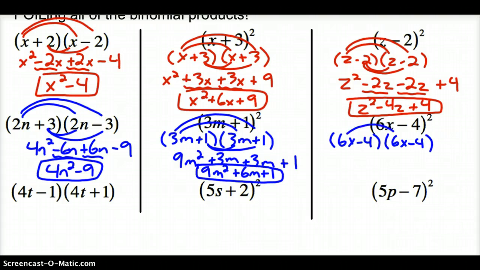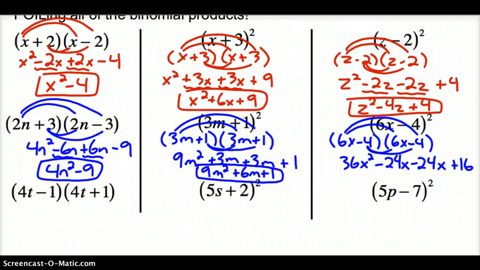Okay, when I FOIL here, I'll get 36x squared, then 6x times negative 4 is minus 24x, excuse me, and then negative 4 times positive 6x will give me another negative 24x, and then last times last will give me a positive 16. So when I add those like terms in the middle there, I'll get 36x squared minus 48x, and then plus 16.